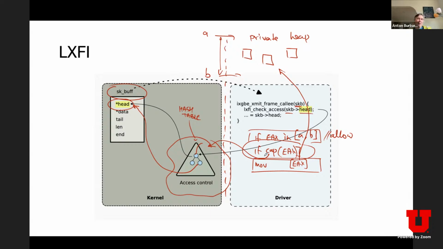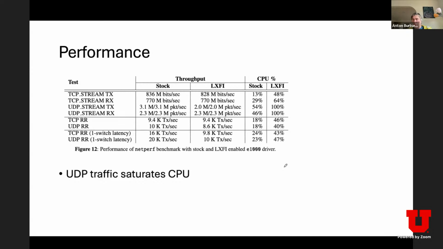So meaning, first of all, performance. Despite the fact that it feels intuitively reasonably slow, in practice, LXFI can match the performance of a non-isolated system, the stock one. So for example, on a TCP stream, an isolated network device driver in LXFI delivers almost the same throughput, right?